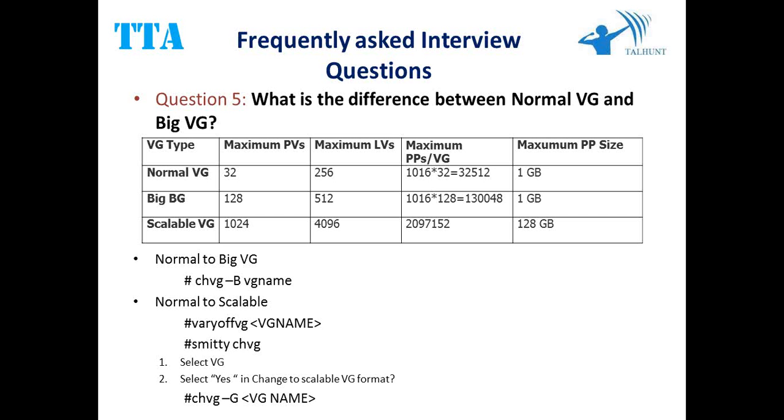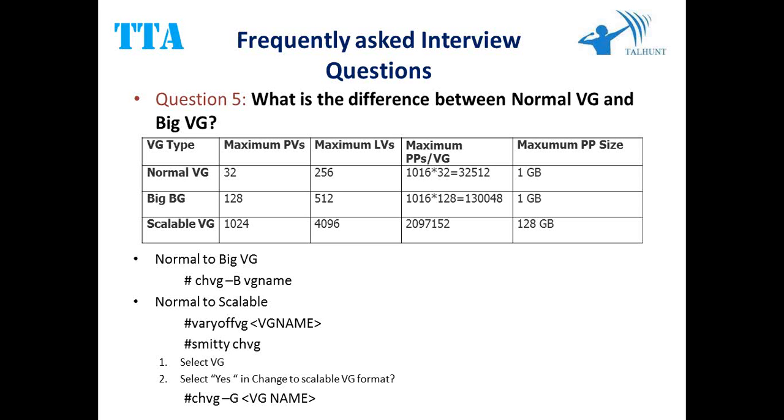I would say you can say 32 PVs per normal VG, 128 for big VG, and 1024 for scalable VG. If you can recollect the number of logical volumes possible with each, that would be much better. The remaining portions like maximum PPs per VG or maximum PP size are optional. We are limited with memory, so at least maximum PVs and maximum LVs would help.